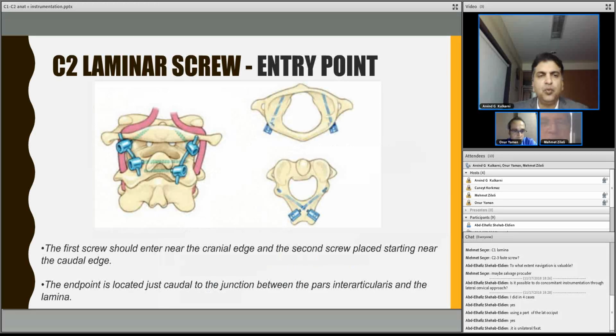One screw is cranial, the other screw is caudal. You can see the thickness of this particular lamina is about 4 to 5 millimeters, and at the point of entry it is much thicker. So it is very easy to pass a screw from one end to the other without harming the spinal cord.